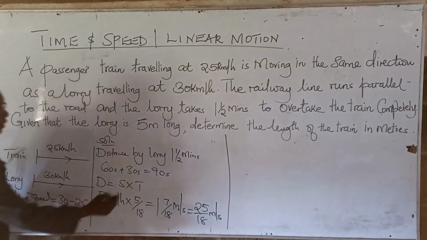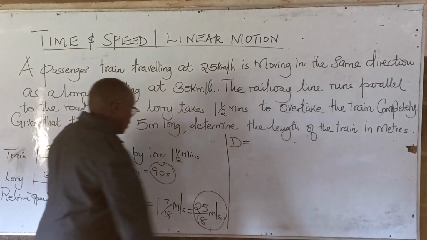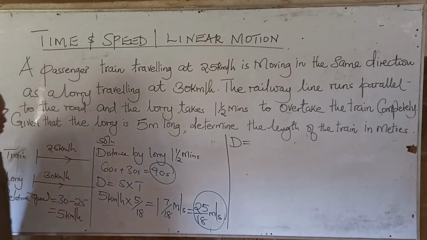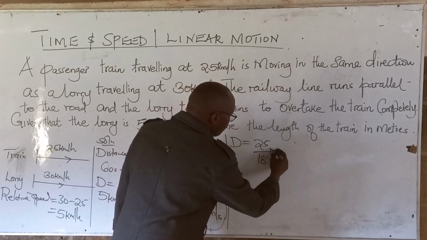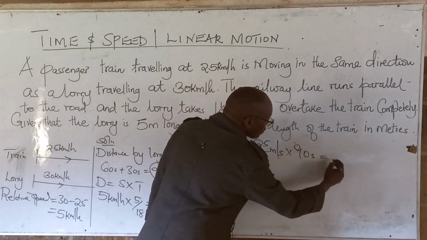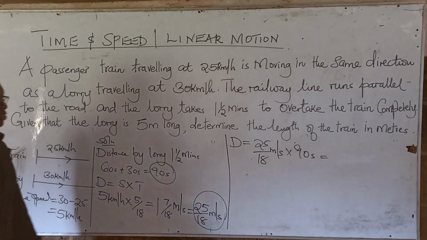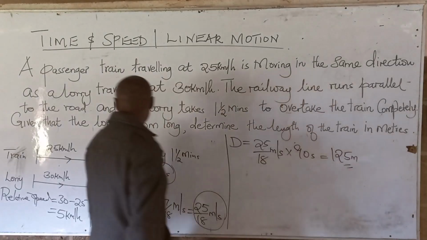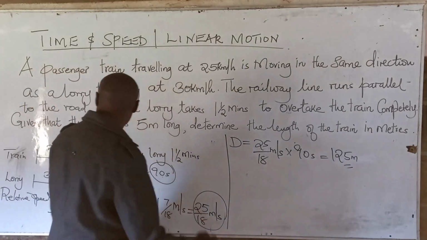So therefore we have the time and we have the speed. So we can get the distance traveled by the lorry in 90 seconds. That will be speed, which is 25 divided by 18 meters per second, times time, which is 90 seconds. When you multiply that, you get 125 meters. So that is the distance by the lorry.